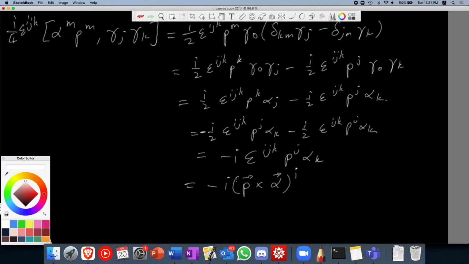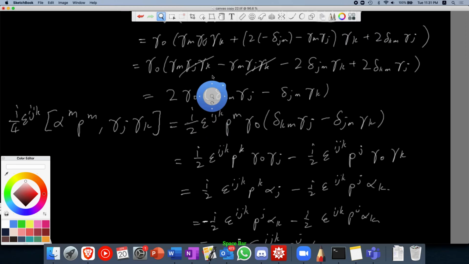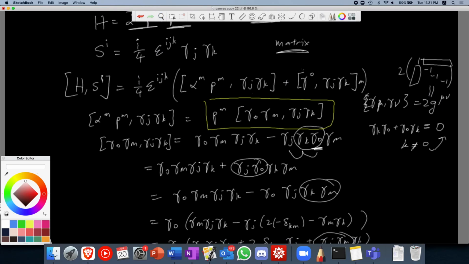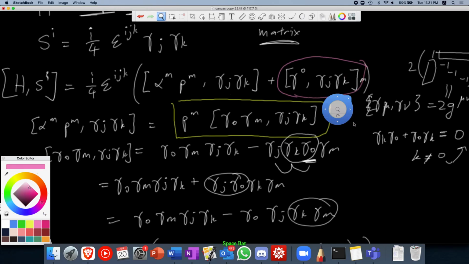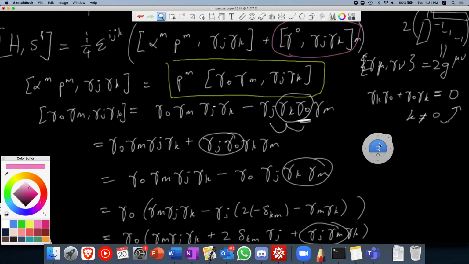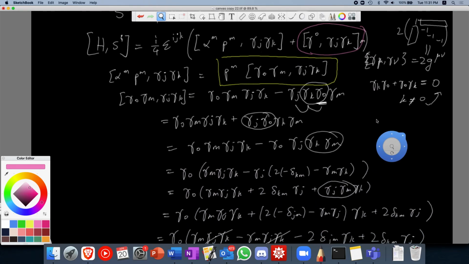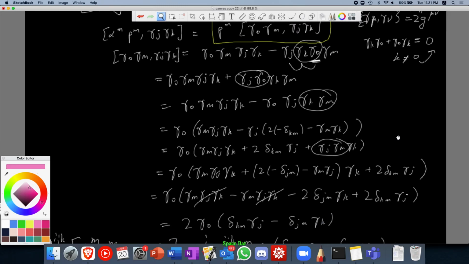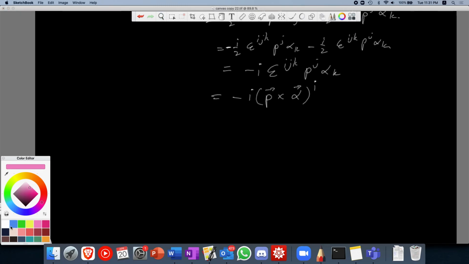What is left to show is that the beta part, which is this part, vanishes. I think it's pretty obvious because we have already shown most of it. So we need to show that the commutator of gamma naught with these guys vanishes. So let's do it.